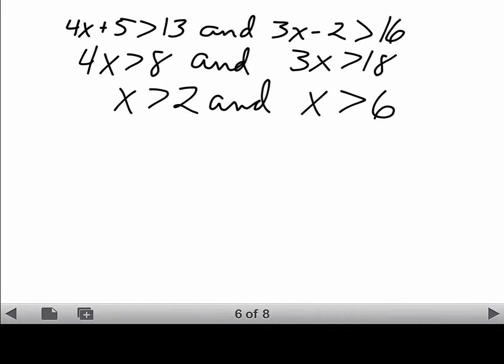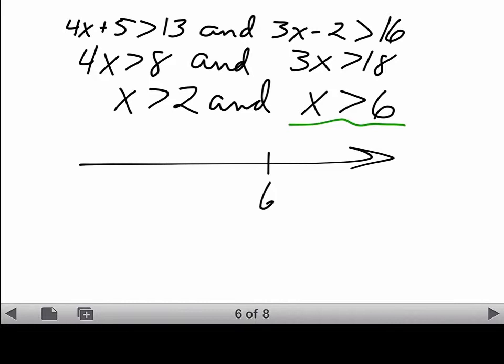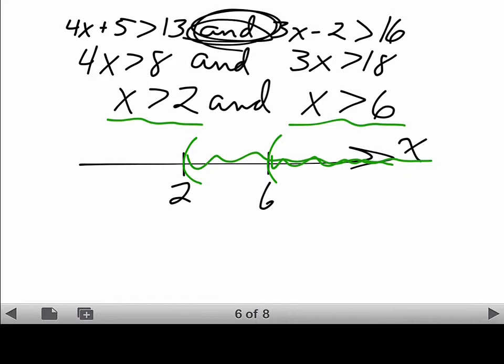Now here we have our number line, and if x is greater than 6, well, I'll put a 6 on the number line, parenthesis opening to the right, shading to the right. Let me label the number line x. If x is greater than 2, then I'll mark 2 on the number line, and I have a parenthesis that's, oh my gosh, also opening to the right. Let's remember that AND means overlap. To the left of 2, there's nothing shaded.